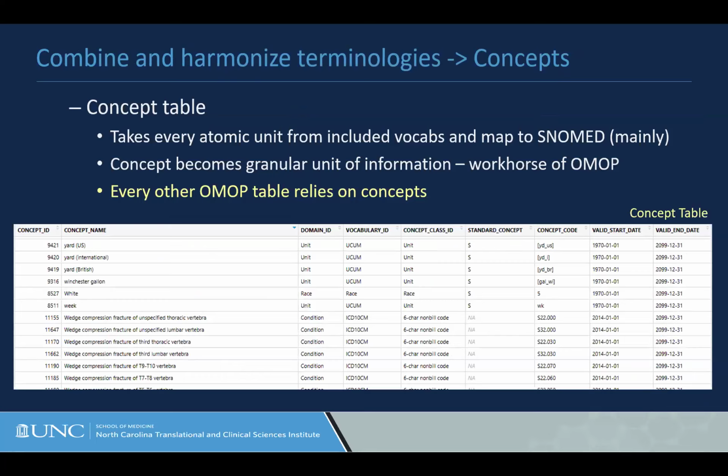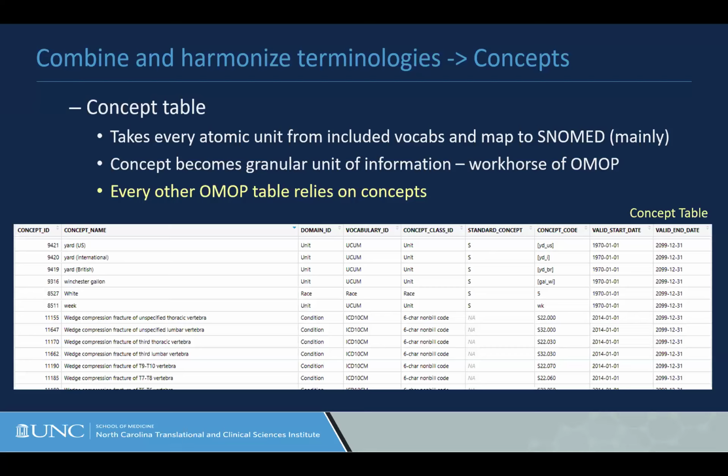So the concept table is essentially the result of mapping all of those existing terminologies onto largely SNOMED as the default syntax, and then generating new concepts where OMOP concepts are the atomic units that are used to codify information inside of OMOP. So what that essentially means is every individual code in every individual vocabulary that's brought in and integrated into OMOP has to be mapped into a discrete OMOP code, which is termed a concept.